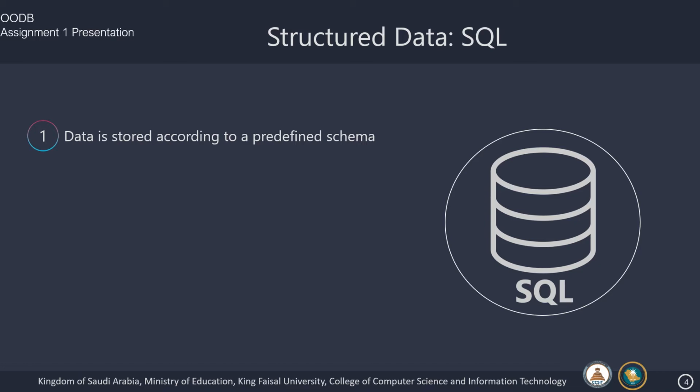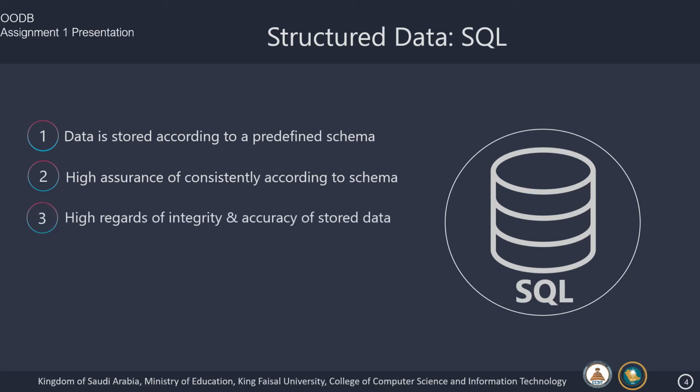So before we insert any type of structured data, we must first of all ensure different types of constraints regarding its type, size, and also if there is any relation with other entities, and how different types of data and entities relate to each other. There is also high assurance of consistency since it follows specified rules before inserting it. And there is also high regard for integrity and accuracy.